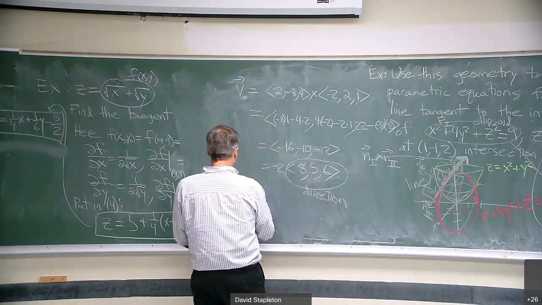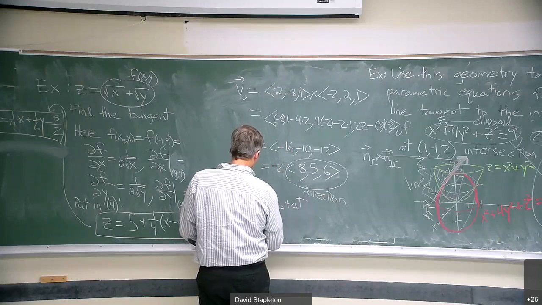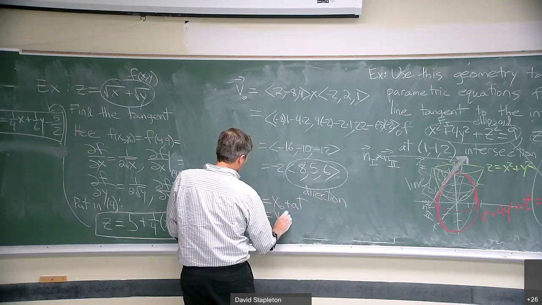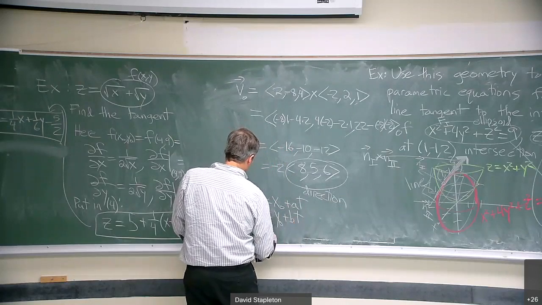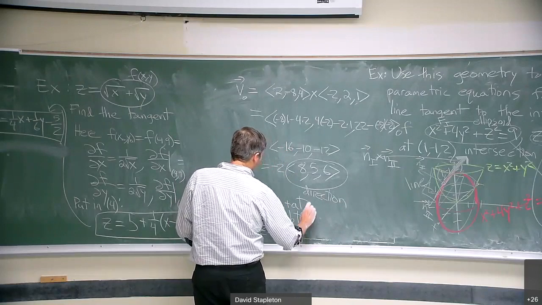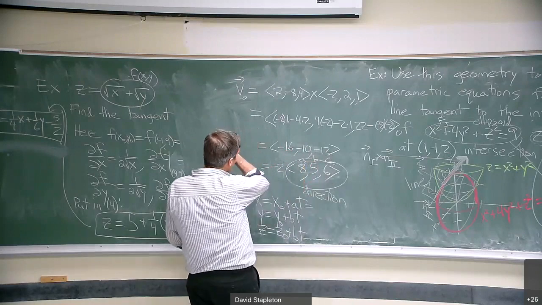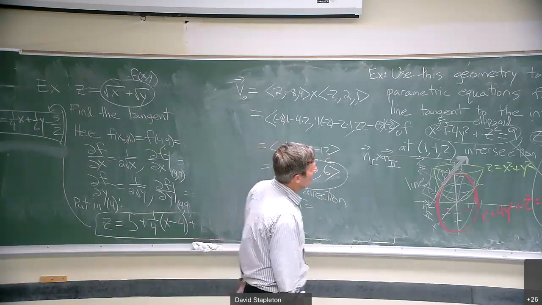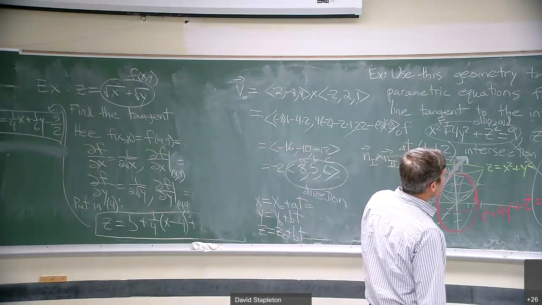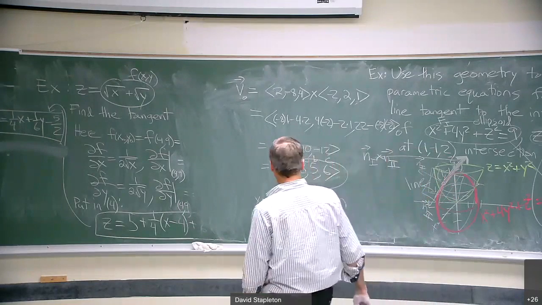And now we can simply say x equals x0 plus at, y equals y0 plus bt, z equals z0 plus ct is the equation for the line, where this is a, b, and c, the direction of the line, and the point, was 1, minus 1, 2.